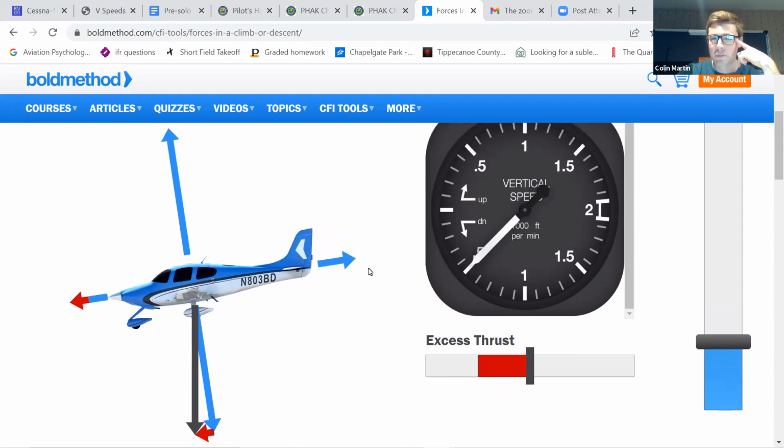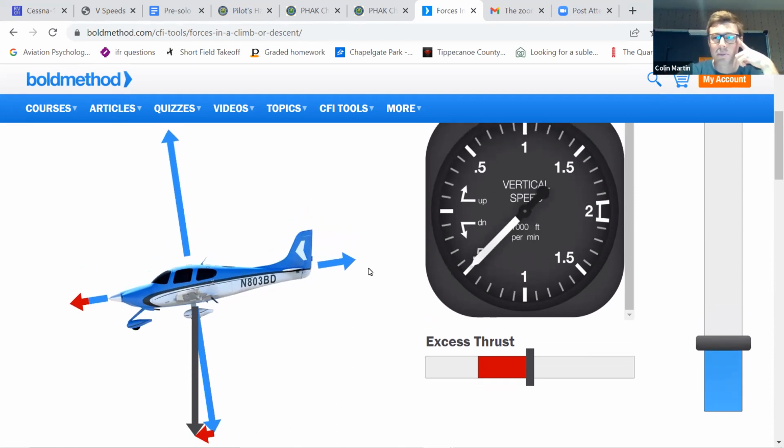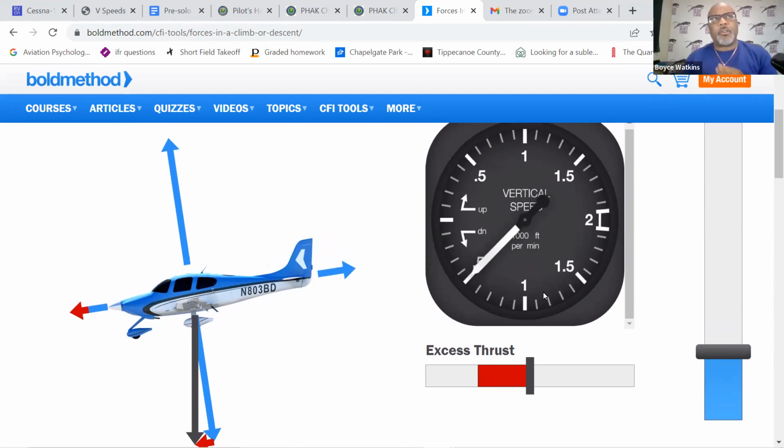Okay. So does that make a little bit of sense? Yeah, so it almost seems to me that when you want to increase airspeed, it's a matter of pitching the nose down a little bit, and you slow down when you pitch it up, especially in a descent or even a climb.